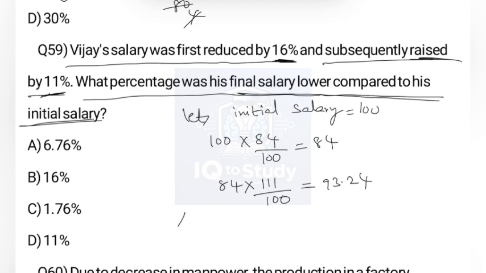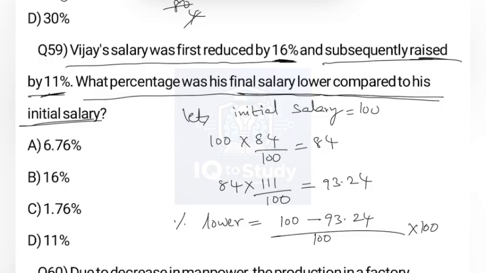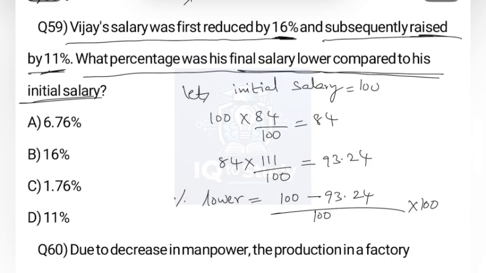So, percentage lower is equal to 100 minus 93.24 divided by 100 into 100. That is equal to 6.76%.